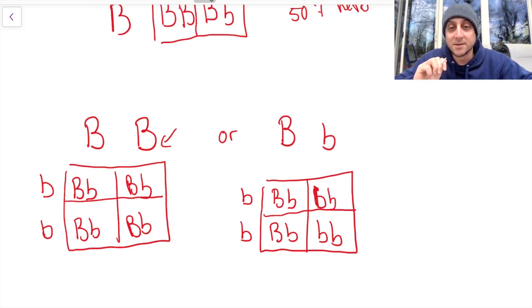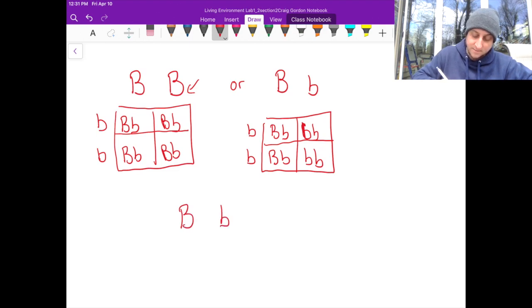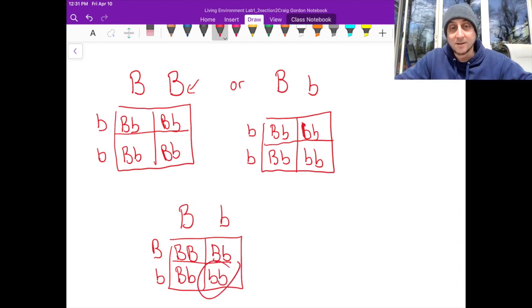My first son, Jonathan, has brown eyes. Second son has blue eyes. So that means I am heterozygous, and my wife is heterozygous. Right? And why? Because if we do this, if that's me, and that's my wife, there could be Jonathan. That's my first son, brown eyes. Or that could be Joshua. Crazy, right?